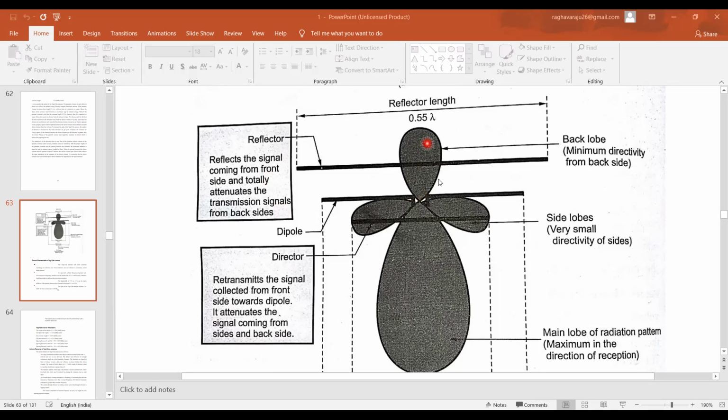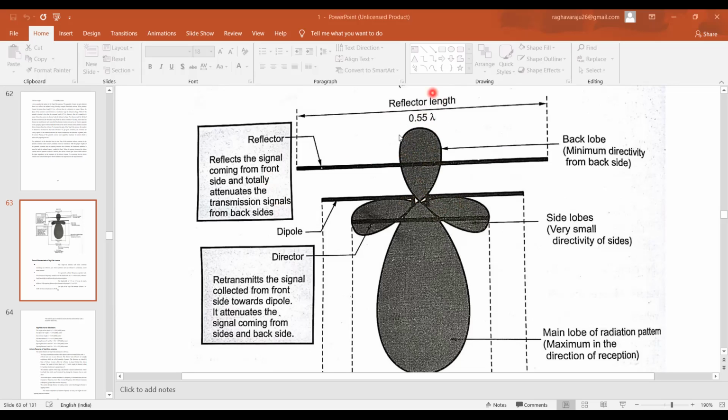And this is the back lobe, which is the minimum directivity from back side. This is the reflector length, which is 0.55 lambda.